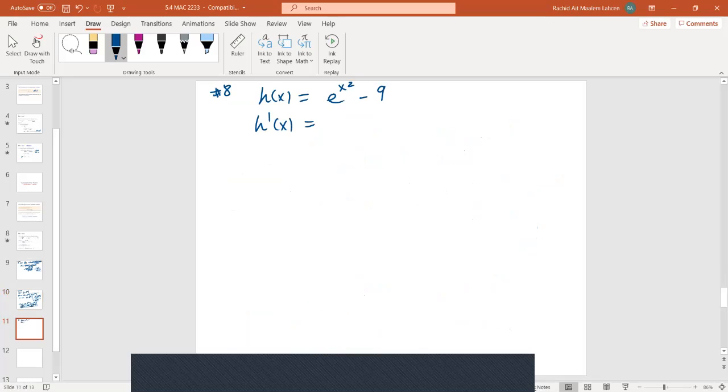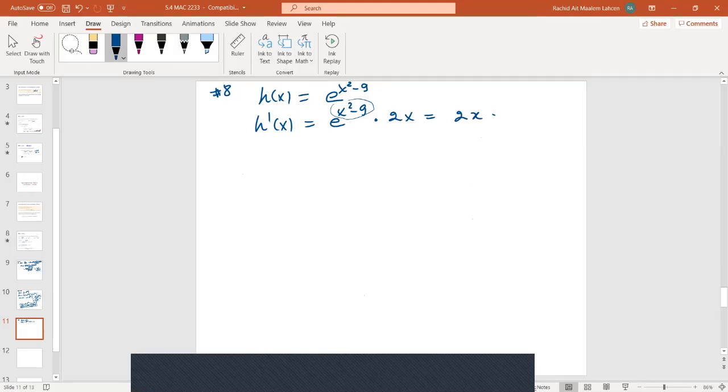Try it and see; e to x squared minus 9 should be the same, times the derivative of the exponent, which is 2x.